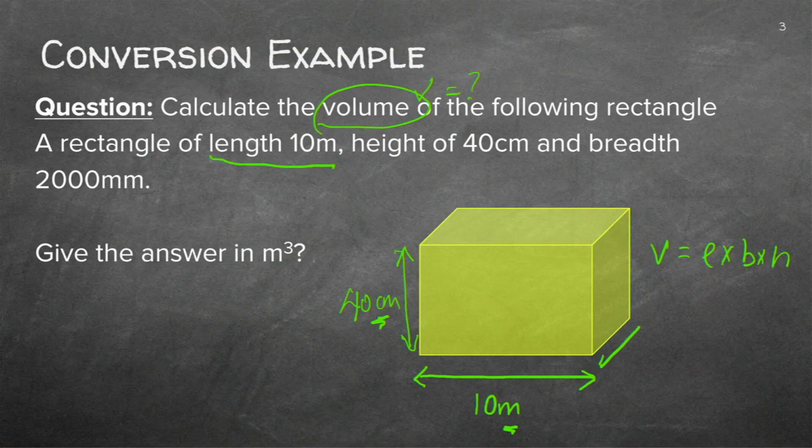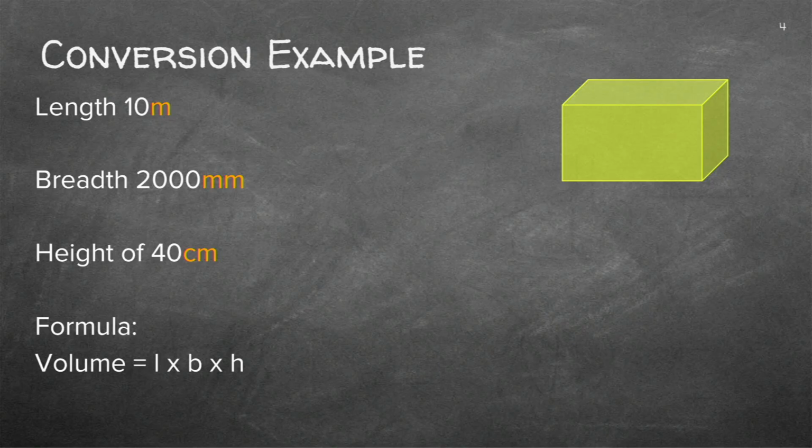So this side here is 2,000 millimeters. So what I have to do is get all 3 of these in the same unit. And it will preferably be in meters because that's what they asked of me. So let's go about doing this.